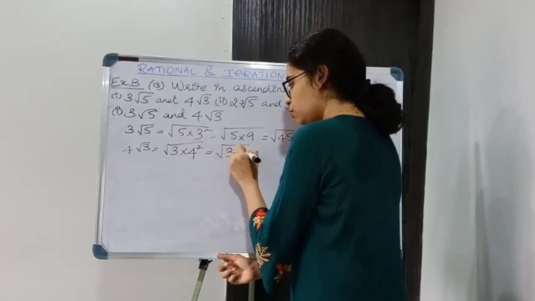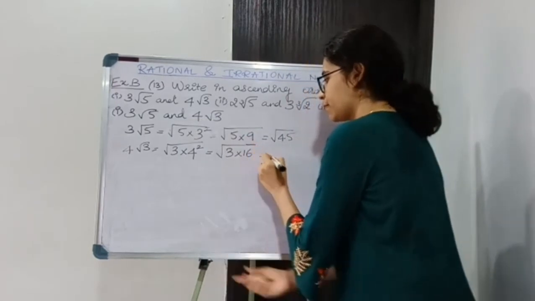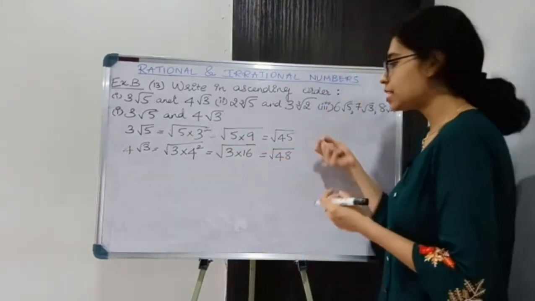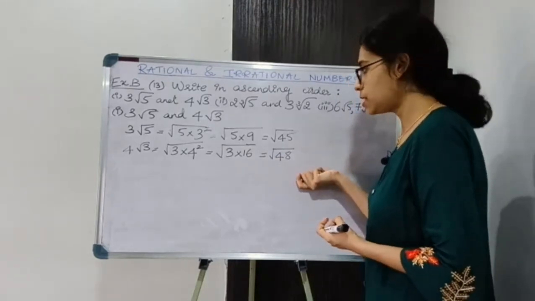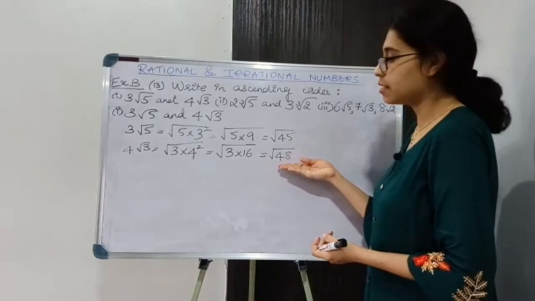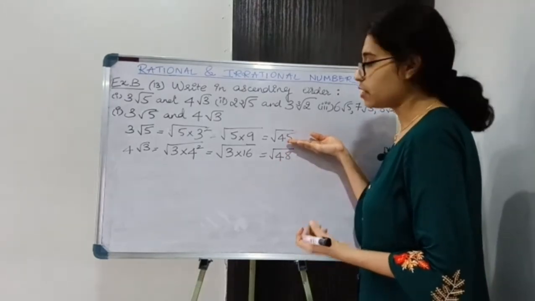Now 3 into 16 हो जाएगा. 3 16s are 48. Now you can see it is easy to compare these two numbers. Square root of 45, square root of 48. Obviously square root of 48 is bigger and this one is having smaller value.